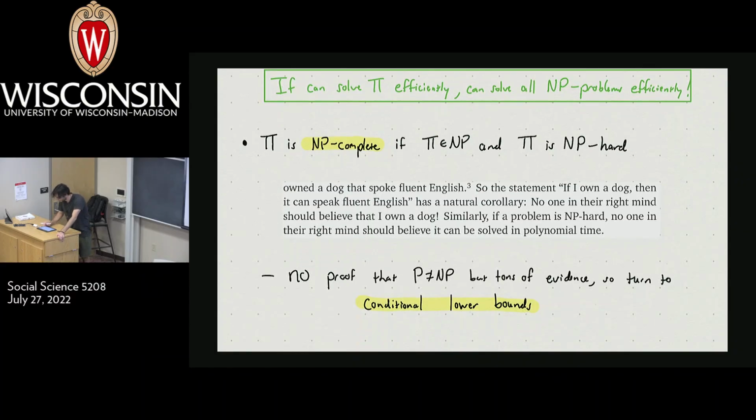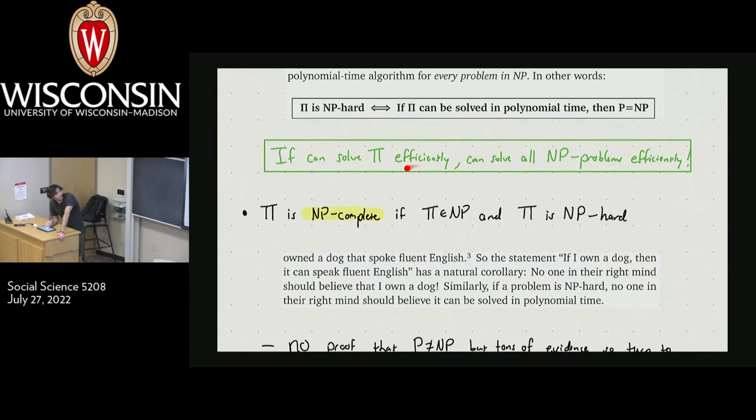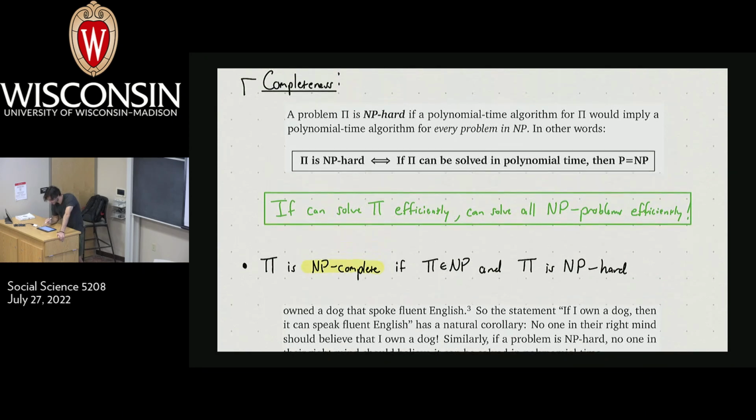Okay, so what it'll actually mean for us is, if there's an algorithm for pi, we can convert that algorithm into a different algorithm that solves any other given NP problem. So we have a general method of taking an algorithm for this problem and turning it into an algorithm for any other problem.